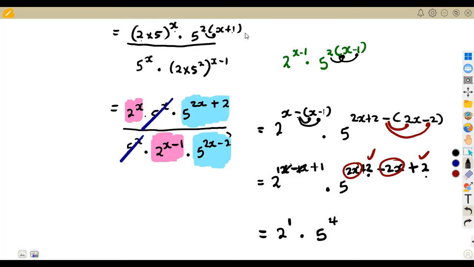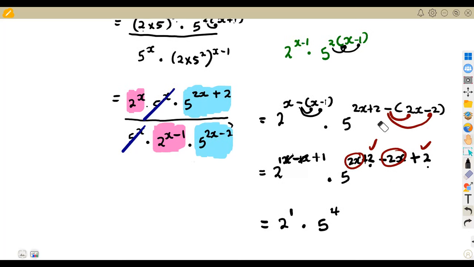At this stage, yes, you can simplify, this one, 2 to the exponent of 1, it's a 2. But here, you can just simplify this straight on your calculator to obtain the final answer. That is just 1 mark for that.